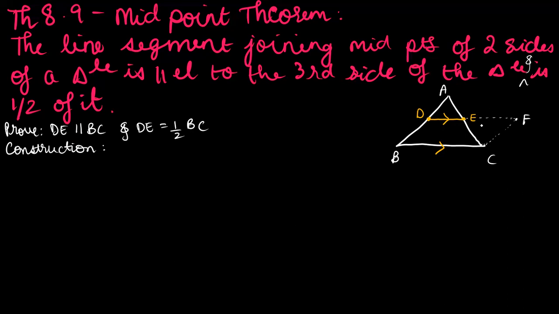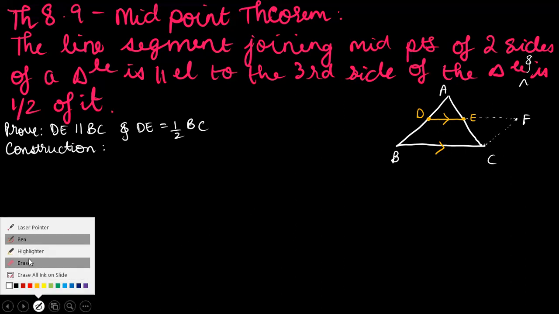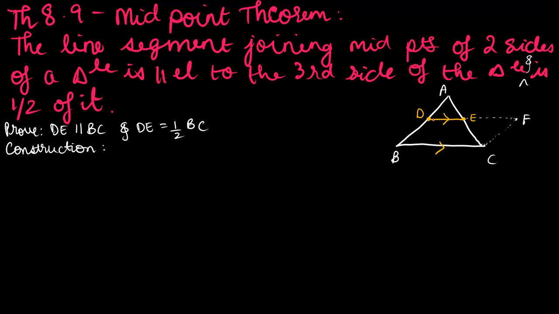We need to extend E and C such that they meet at F and such that DE is equal to EF. So here E is the midpoint of DF. Clear? Okay, now we need to join CF also. Let me just join it here.